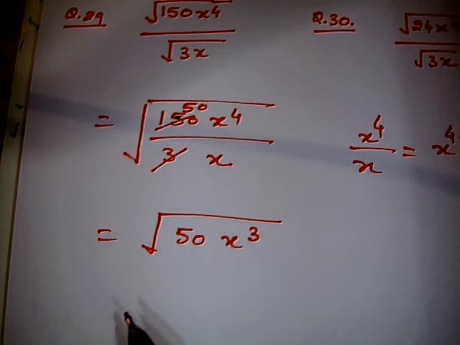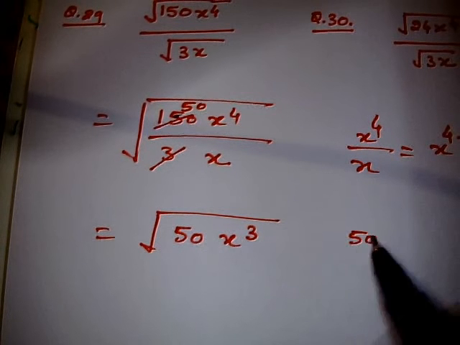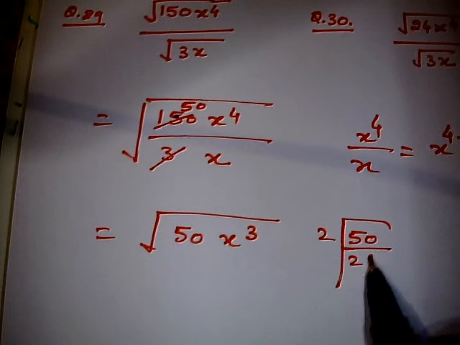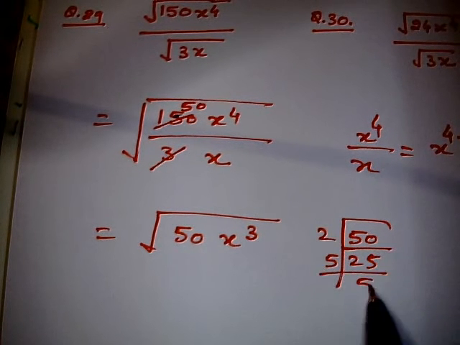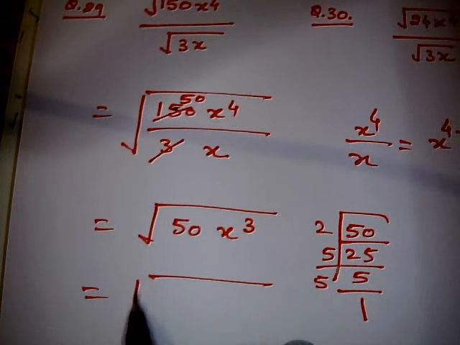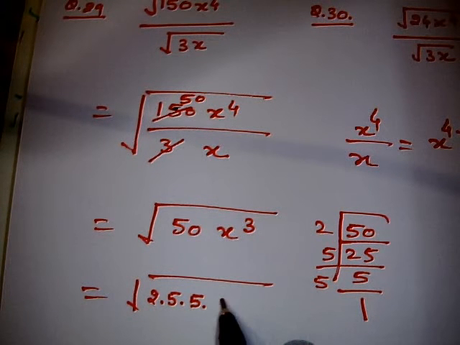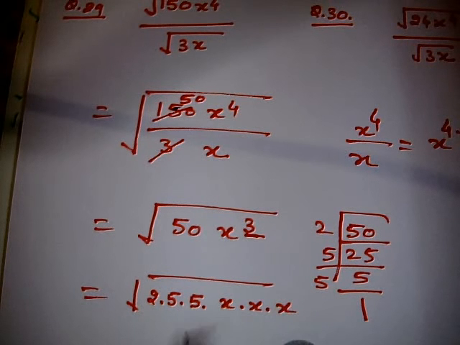So 50 I am going to factor out, 2 times 5 and then 5, correct? Okay, now I am going to break this into 2 times 5 times 5, and x cube what I can write? x times x times x, 3 times. Okay, now I will make the pairs, and from each pair one number will come outside as a square root.